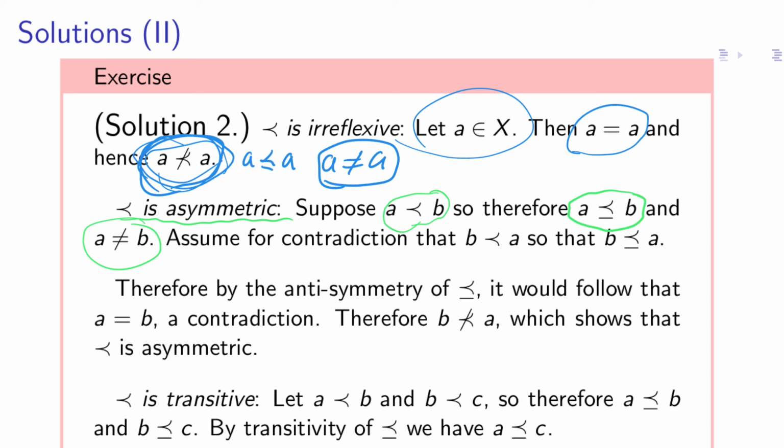And let's just note what we are currently trying to do. We're trying to show that the relation does not hold in the opposite direction, so that B precedes A does not hold. For that purpose, we'll assume that it does hold and try to derive a contradiction, so that by proof by contradiction, we'll know that this is not true.